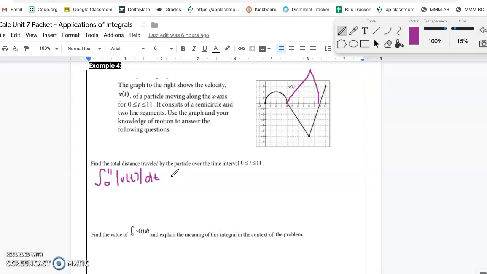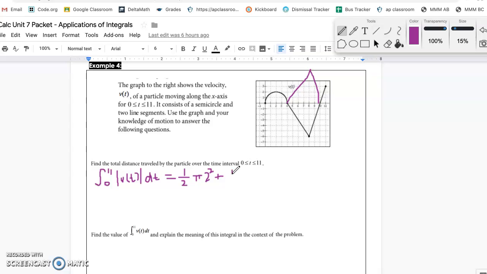So this is going to be the area of this semicircle, which is 1/2 pi r squared. So 1/2 times pi, and I have a radius there of 2. So 1/2 pi times 2 squared, plus the area for this triangle, and I see here that I have a base of 6 because from 4 to 10 is 6.